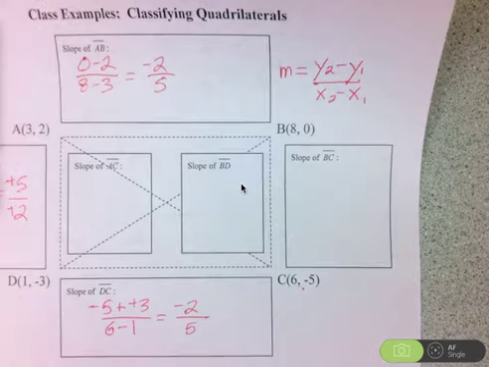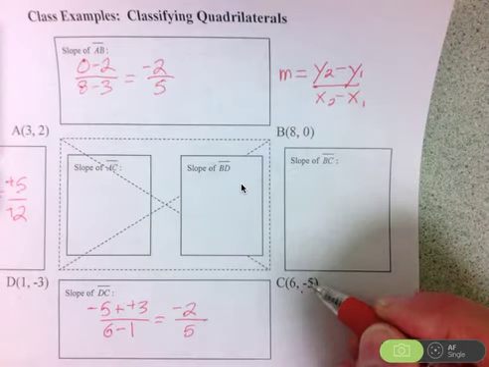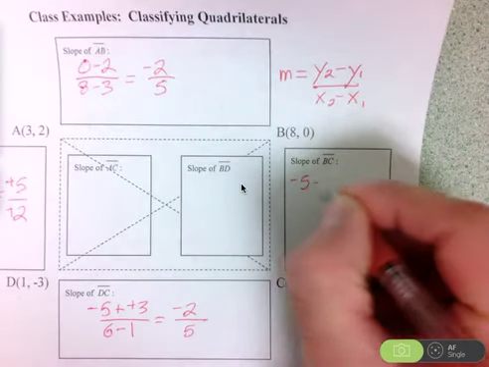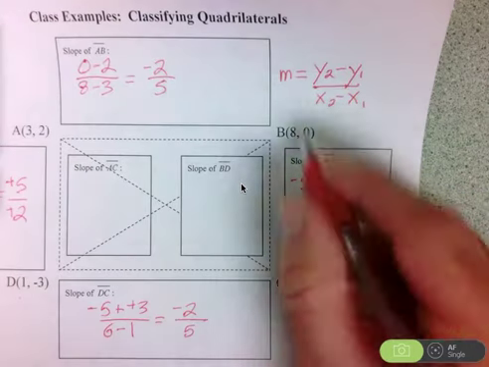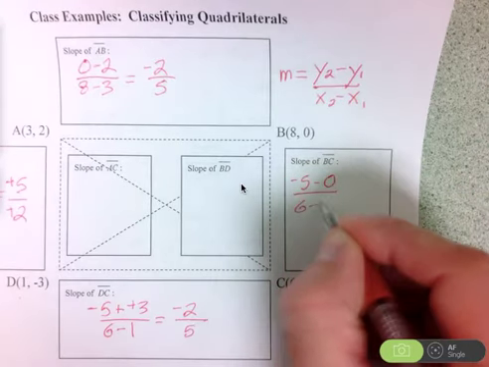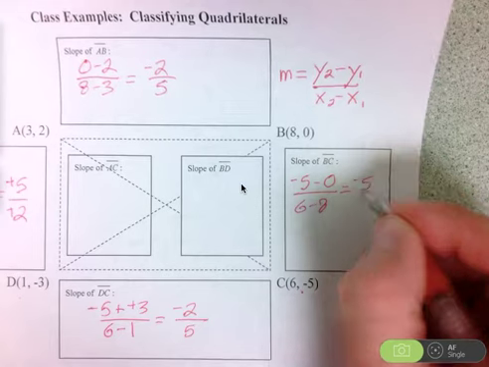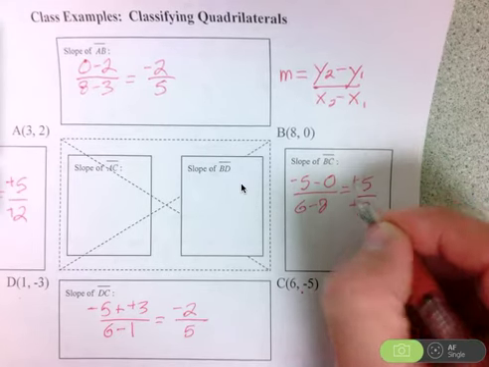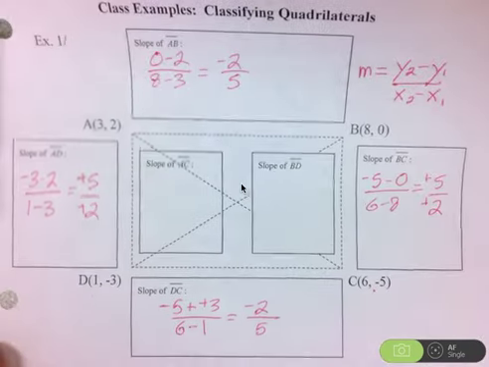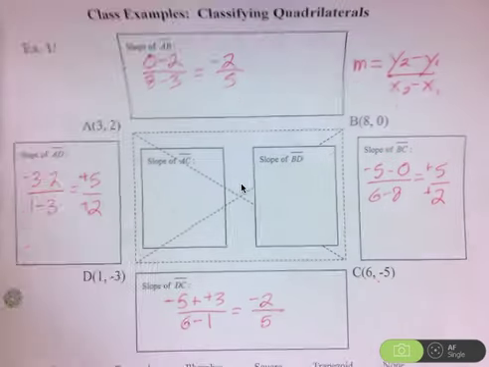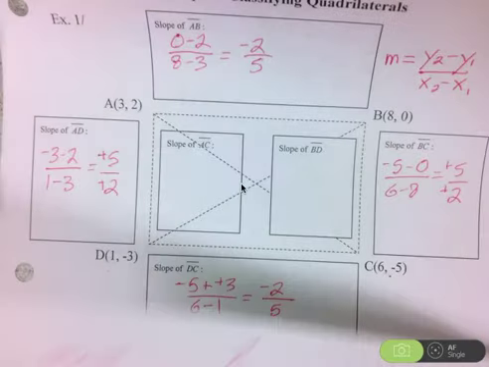And for BC, its slope. The difference in the y's, negative 5 minus 0. The difference in the x's, 6 minus 8. That's also negative 5 over negative 2. So for both of those sides, I get a positive 5 over 2. Those sides have equal slopes.